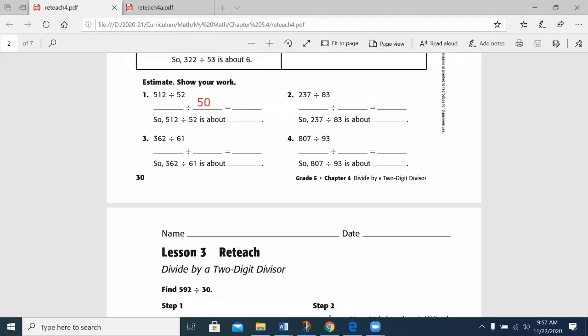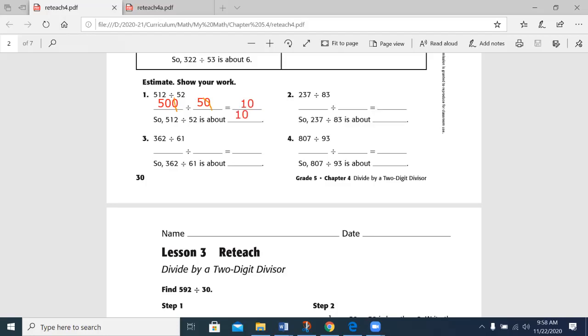And then I need to round this one to the nearest 100. 512 is closer to 500 than 600. Cross these two out. 5 goes into 50 10 times. So my answer is 10. So 512 divided by 52 is about 10.